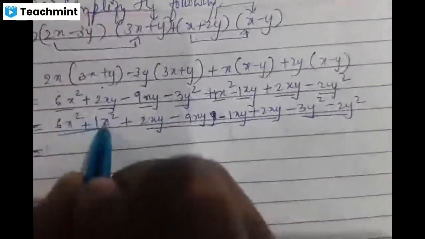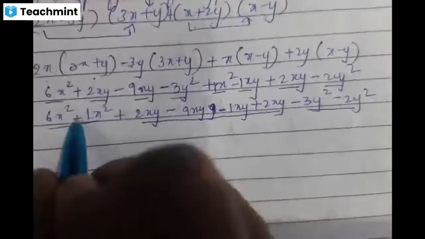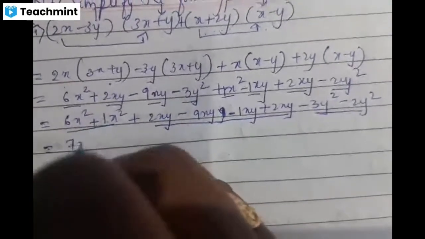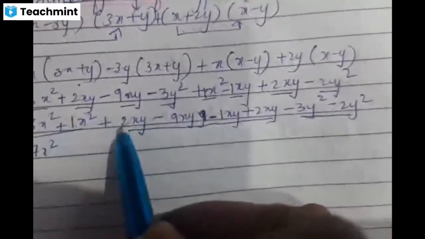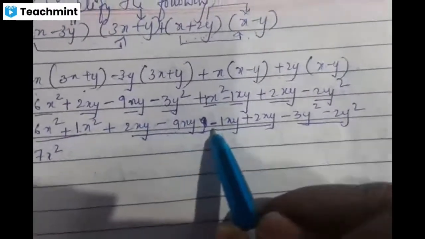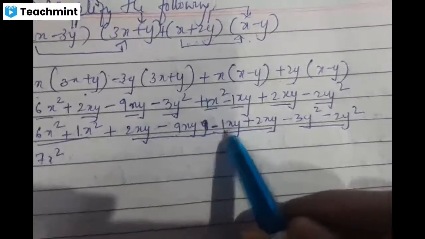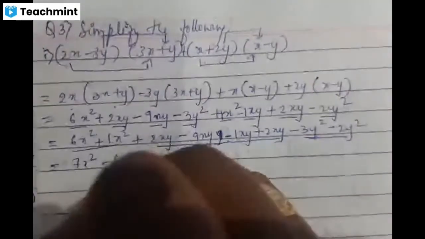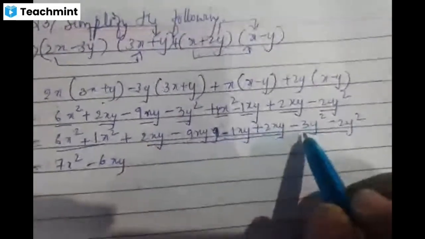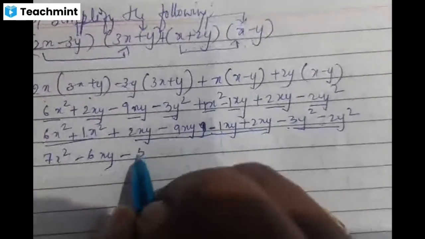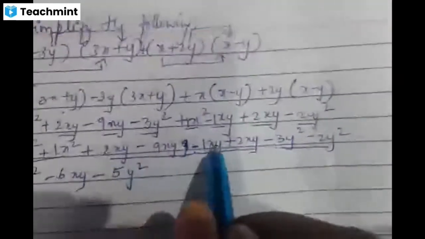When you have like terms, you have to add the coefficients, children. 6 plus 1 is 7x square. Here plus 2 minus 9 is minus 7, minus 7 minus 1 is minus 8, minus 8 plus 2 is minus 6. So minus 6xy you have, and then minus 3 and minus 2 is minus 5y square.